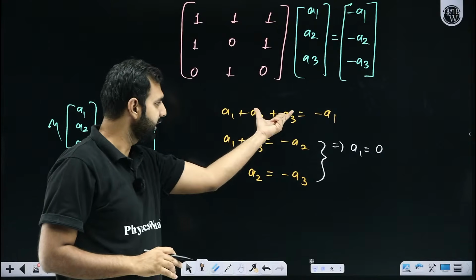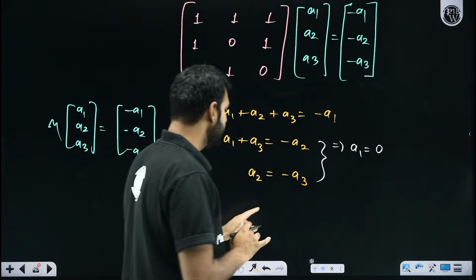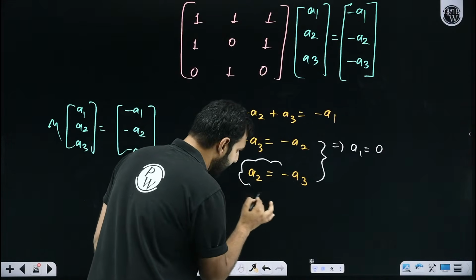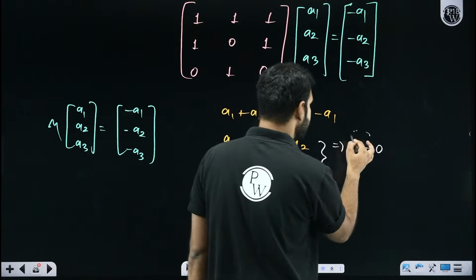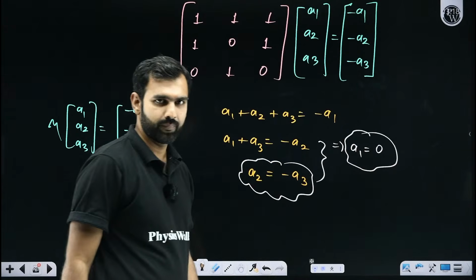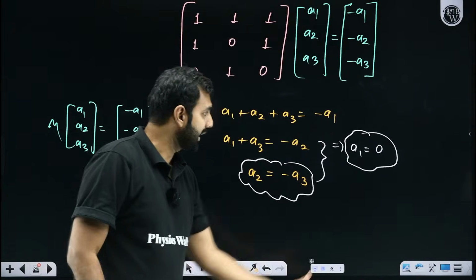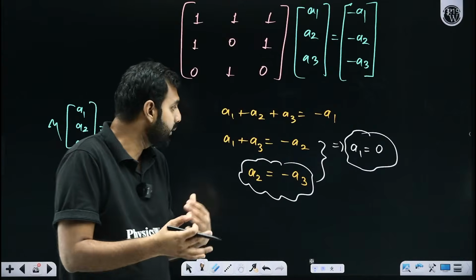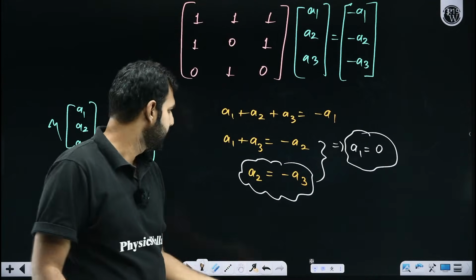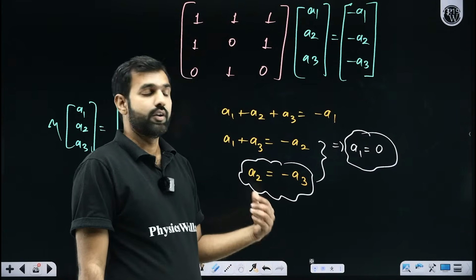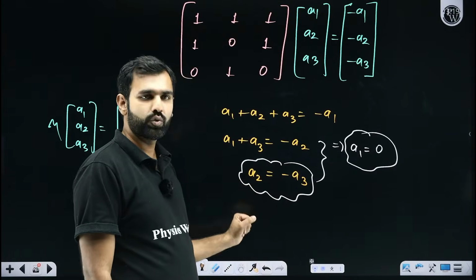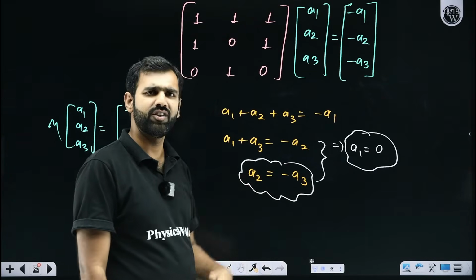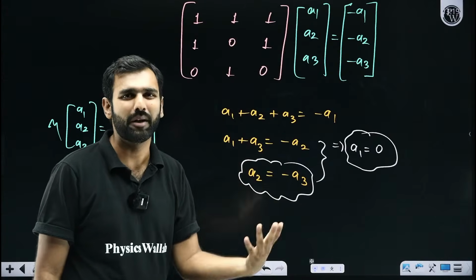When I club this third equation, I am simply not able to deduce anything except that A2 is equal to minus A3. But of course, I could crack that A1 is 0, but A2 and A3 I'm not able to find. That means A2 and A3 can have infinitely many values. Let's say if A3 is 1, A2 will be minus 1. If A3 is 5, A2 will be minus 5 and so on. So there will be infinitely many possibilities.